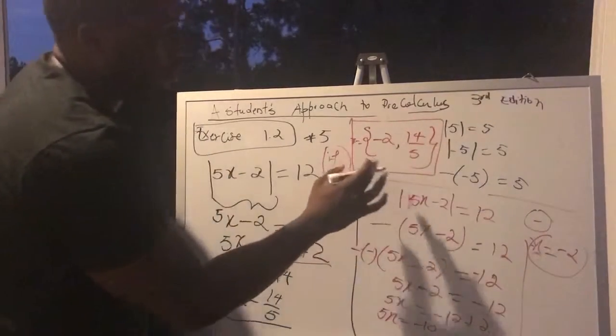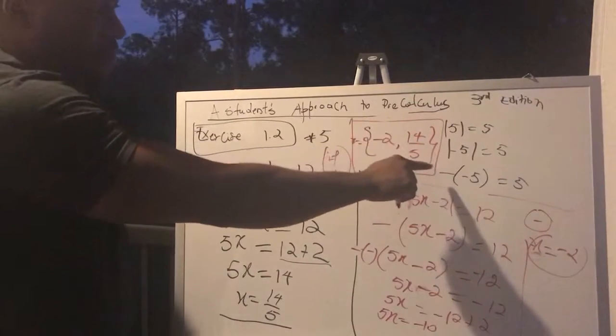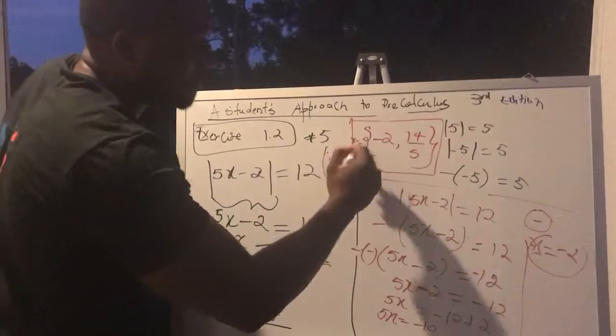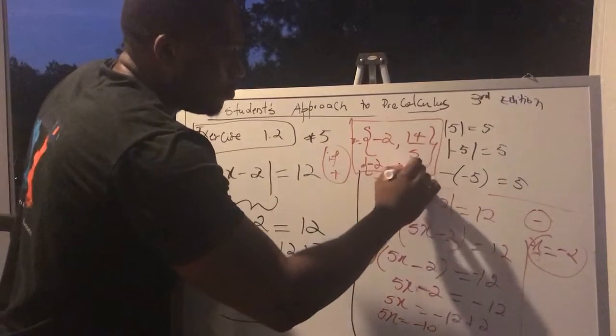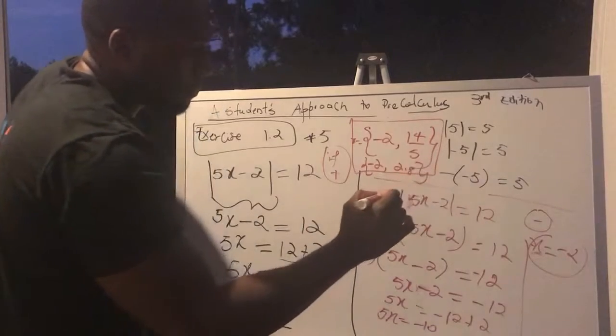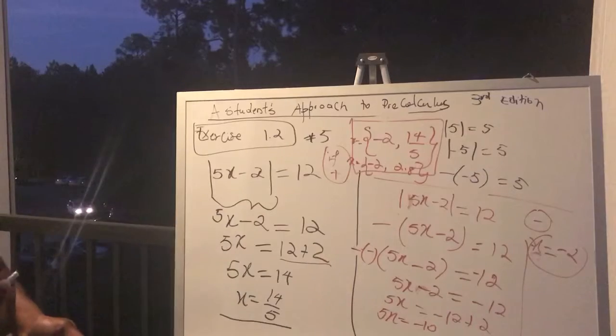So that's a set containing two numbers. It's not from negative 2 to 14 divided by 5. Not from that, but it's negative 2 and 14 over 5. And 14 divided by 5, I believe, is 2.8. So you could write it this way too. And that's it. That should do it.